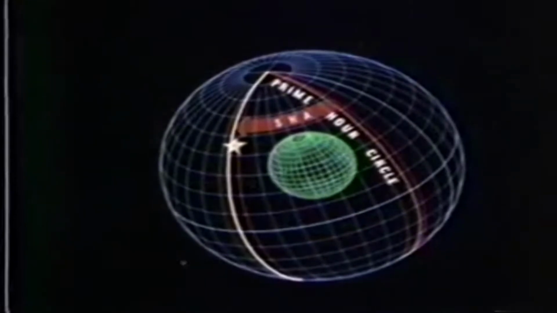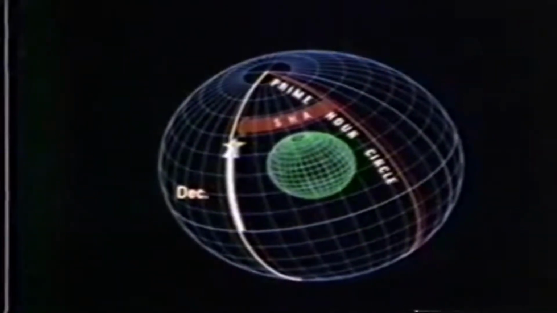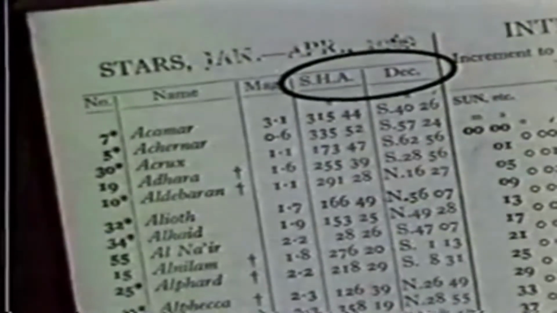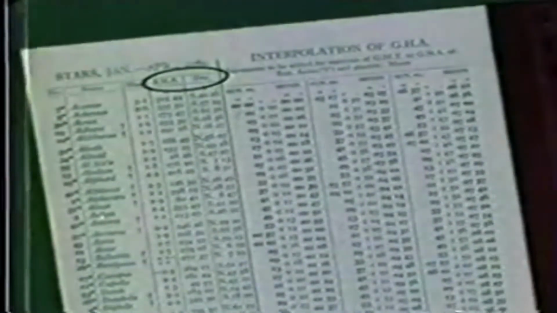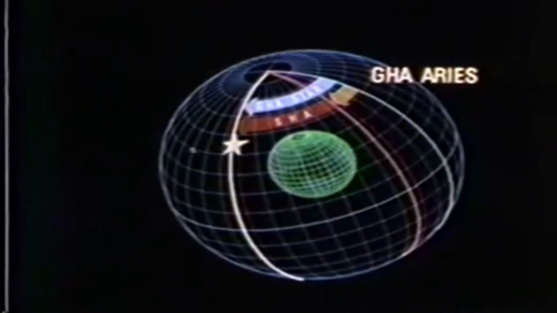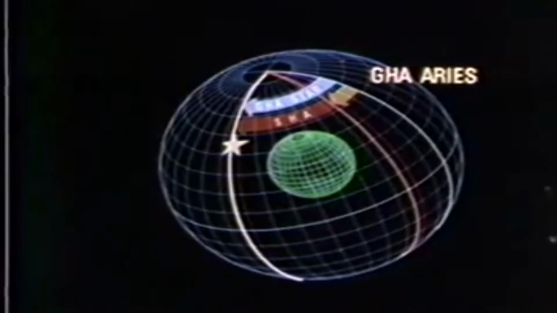So the sidereal hour angles, as well as the declinations of the various stars, are considered fixed. SHA and declination for the 57 navigational stars are listed on the inside front cover of the Air Almanac. The navigator can determine the GHA for any navigational star merely by adding its fixed SHA to the GHA of Aries for the time desired.